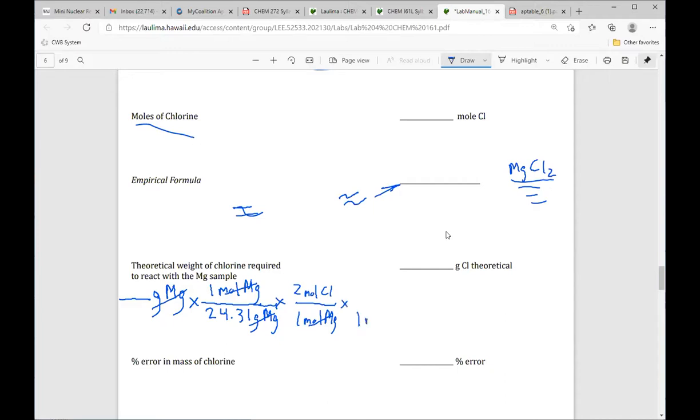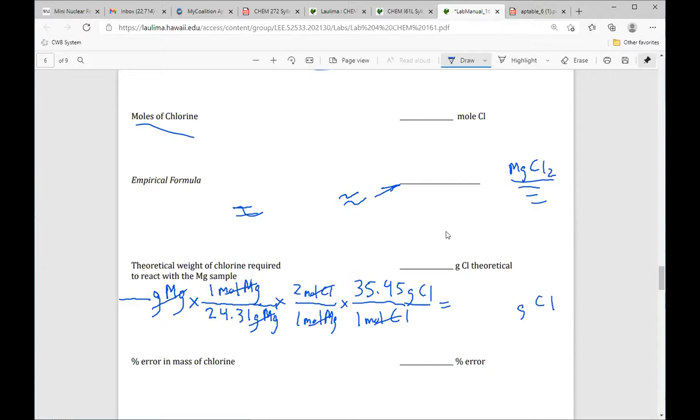So 1 mole of chlorine weighs 35.45 grams. And then the moles of chlorine cancel. And now we've calculated the grams of chlorine that is supposed to react, right?